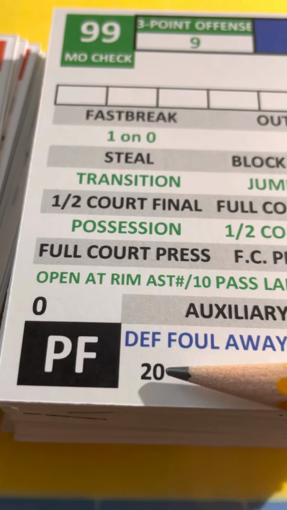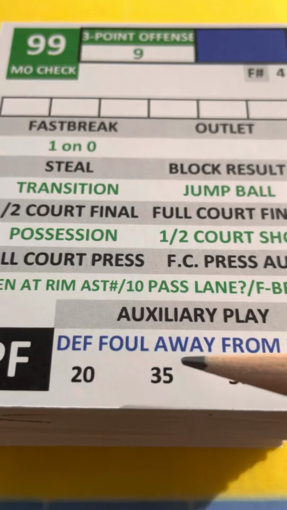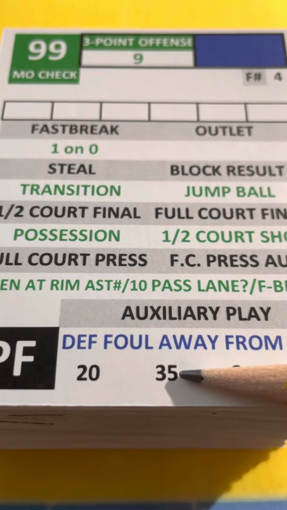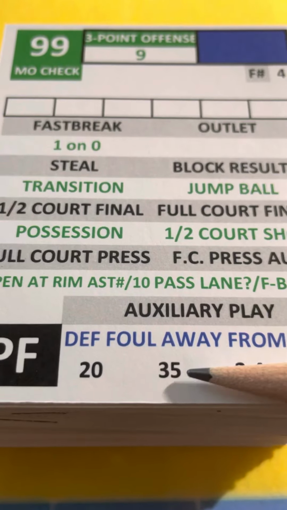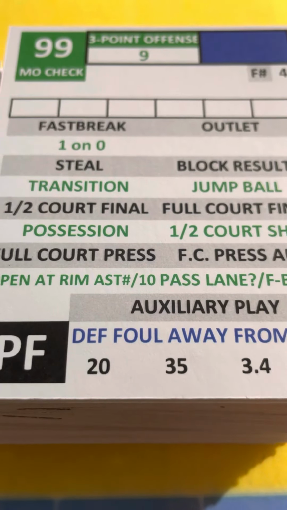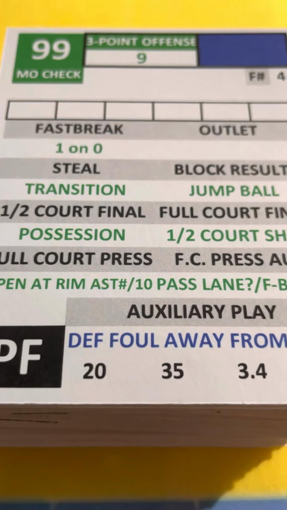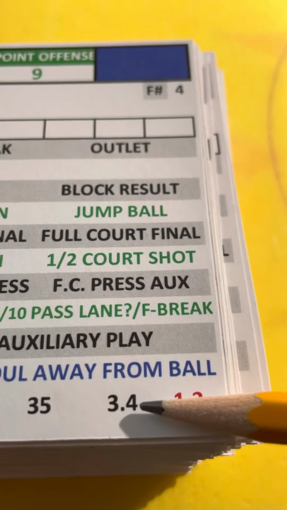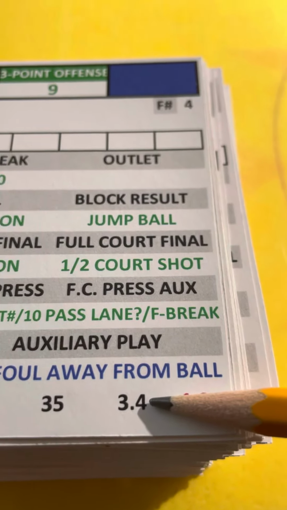Right here, if you need a number 1 to 20. I mentioned when I showed you that chart, this is a 1 to 100 number. This is the R100 number. This is used for loose ball fouls.